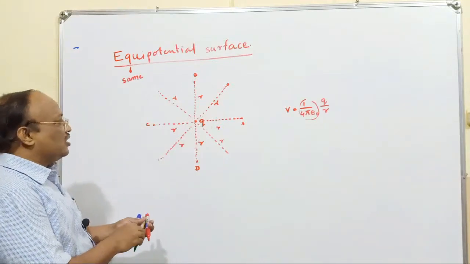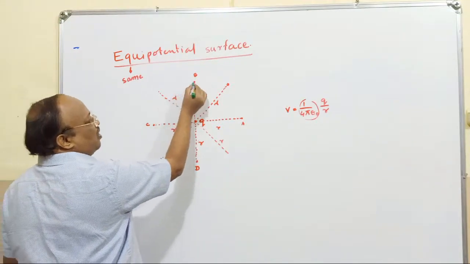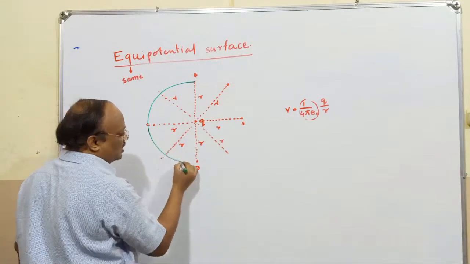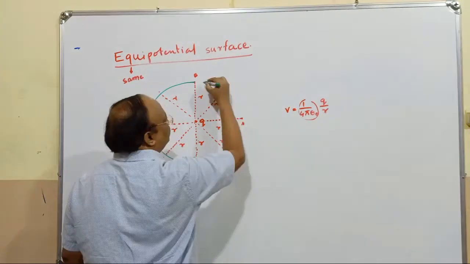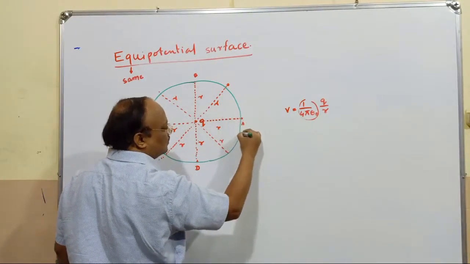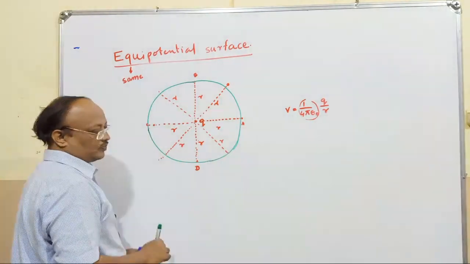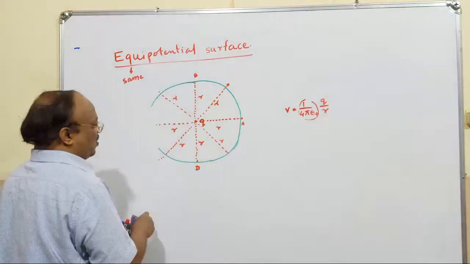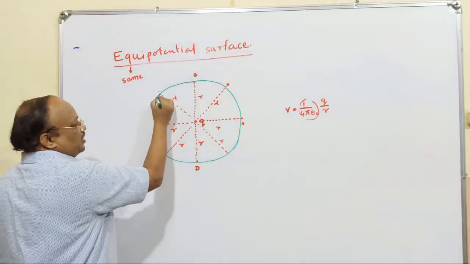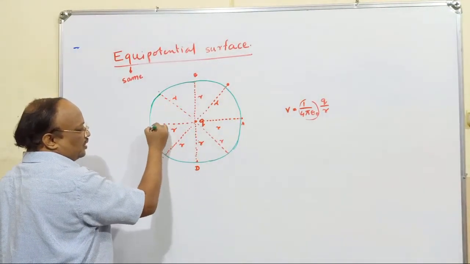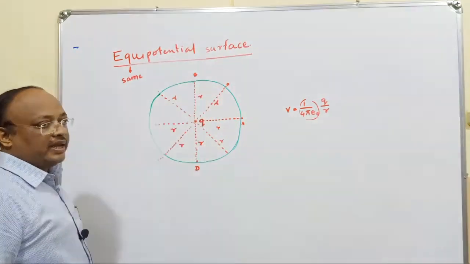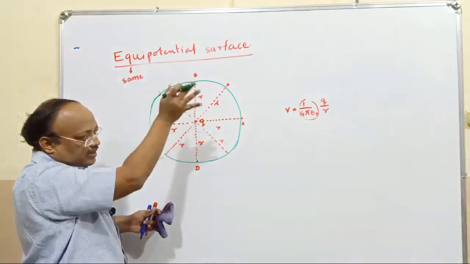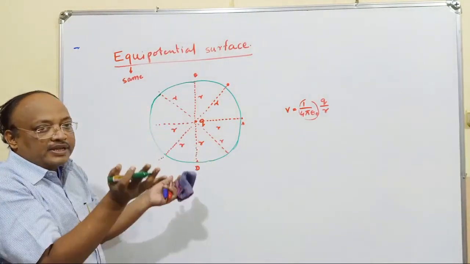If you join the locus of all these points, this surface becomes like this. In two dimensions, it is a circle. If I take the charges at this point, at a distance, you will get a sphere.